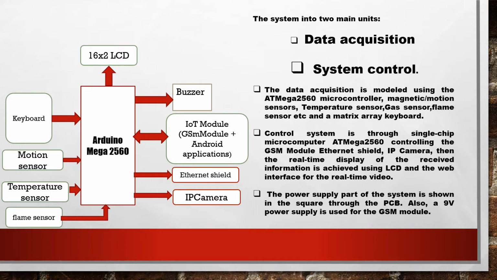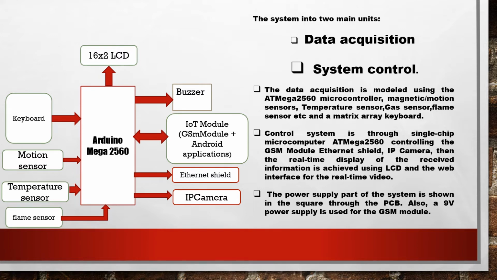that can be given, like a motion sensor, temperature sensor, flame sensor or smoke detector. All these can be given to the Arduino Mega, the microcontroller within the Arduino Mega board.